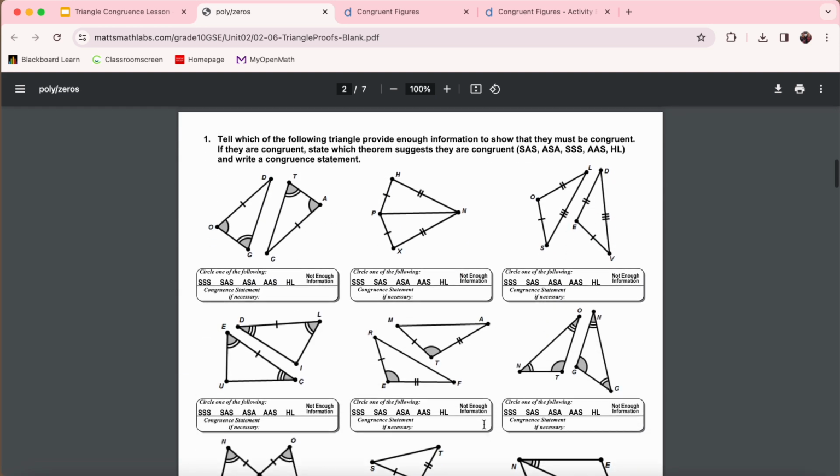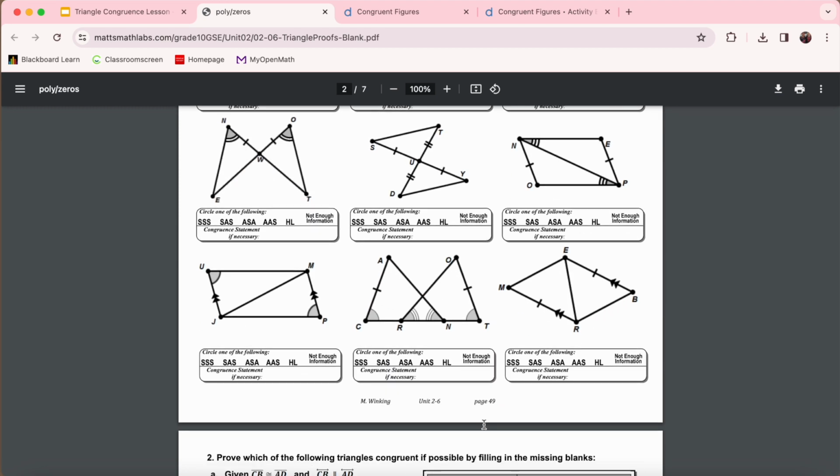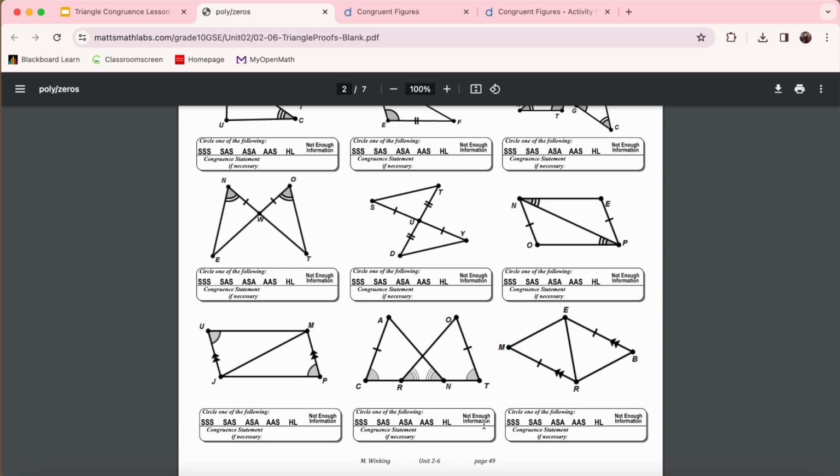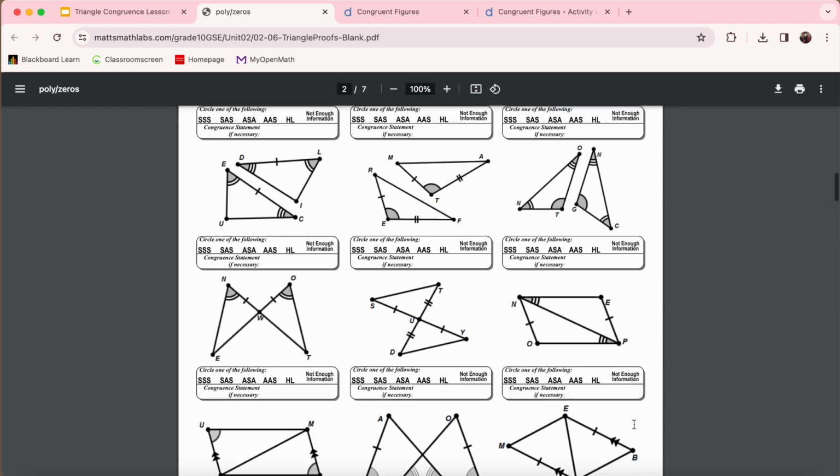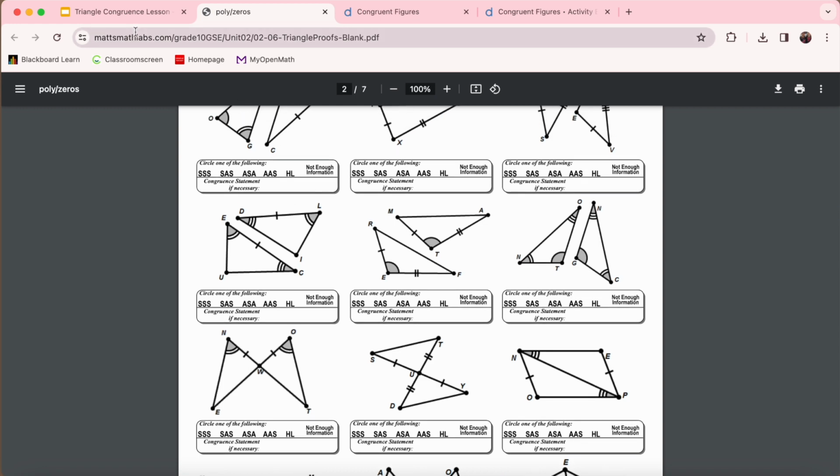But specifically, their homework would be all of number 1, where they just have to identify which congruency statement would be appropriate, or of course, if there was not enough information.